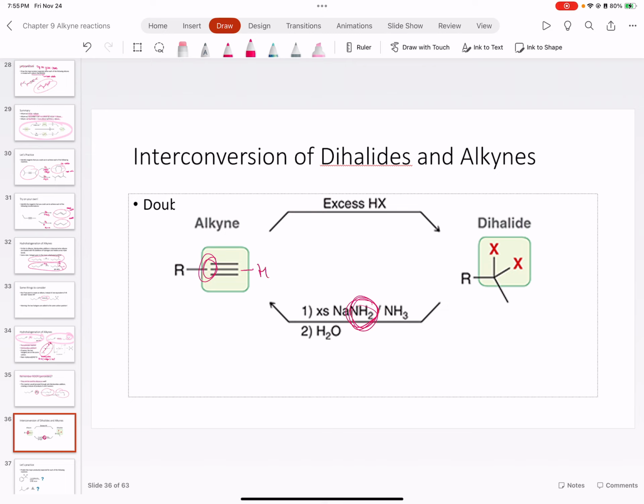This one has a proton, it's gonna take it away. Then you have your leaving group, and you're gonna be creating a double bond, then you're gonna repeat that and do the same thing again, and you're gonna create a triple bond.